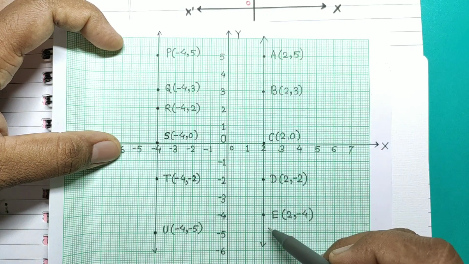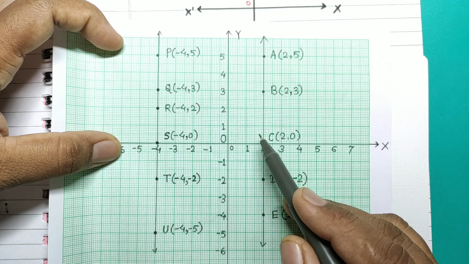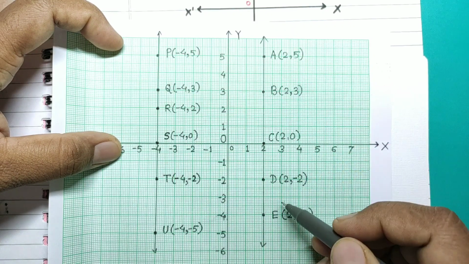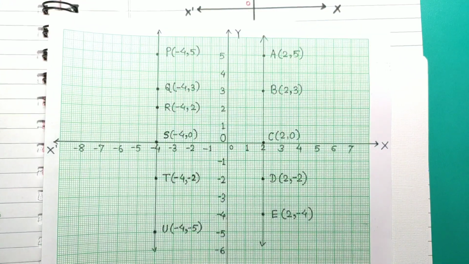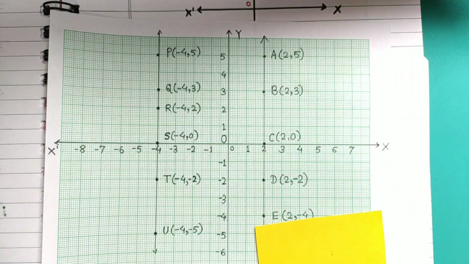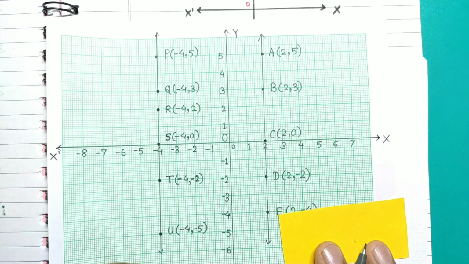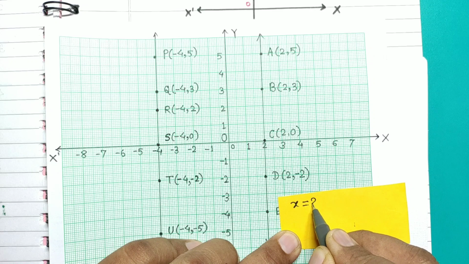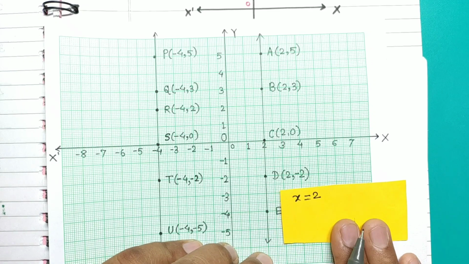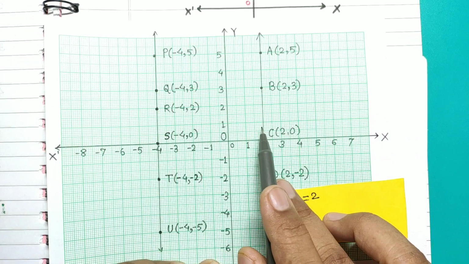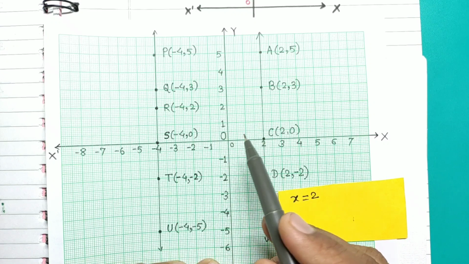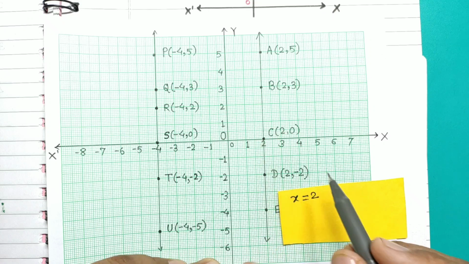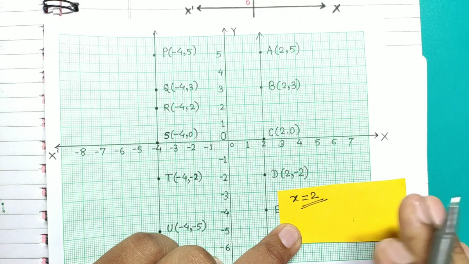So this line is parallel to the y-axis, and since all the points on this line have the same x coordinate, this line is described by the equation x is equal to 2. So here we say that the equation of a line parallel to the y-axis at a distance of 2 units to the right of the y-axis is x is equal to 2.